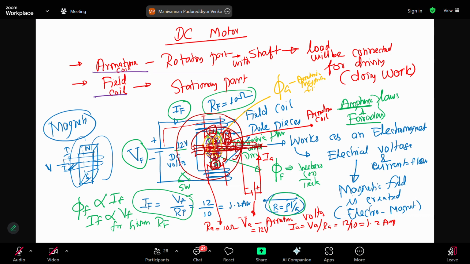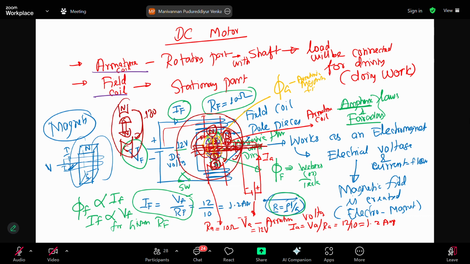Similarly, the south pole of the armature will be attracted by the north pole of the field magnet. I will draw it simply here. This is the north pole, this is the south pole. This is after 180-degree rotation, right? After 180-degree rotation, the magnets align like this.